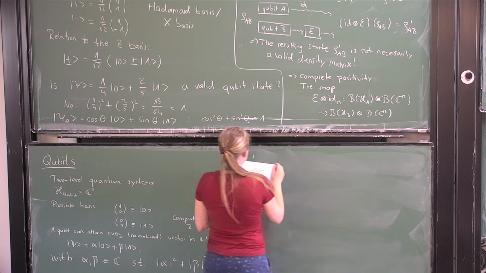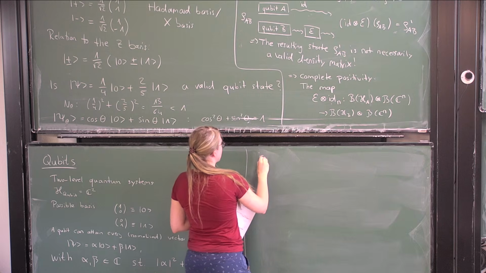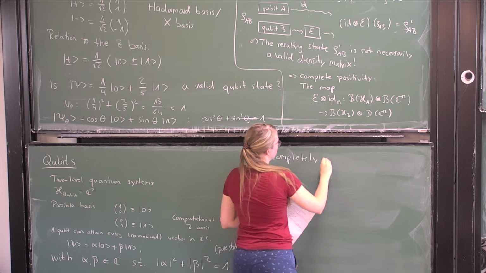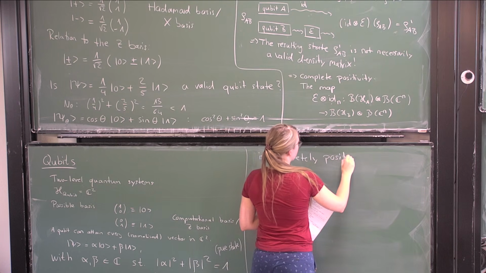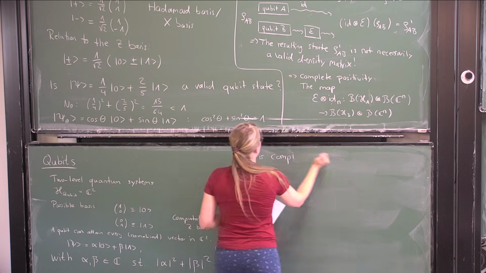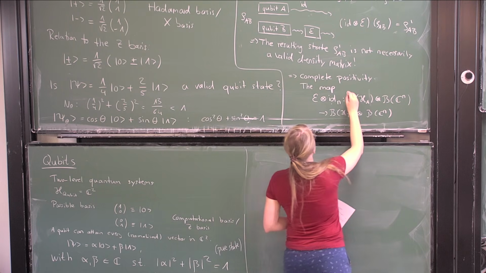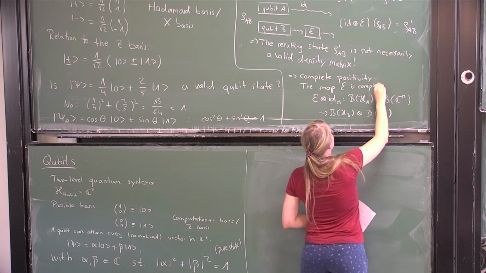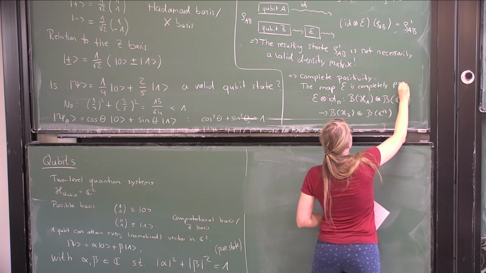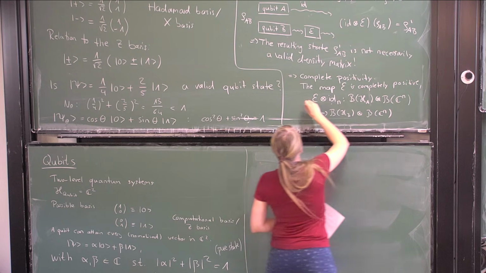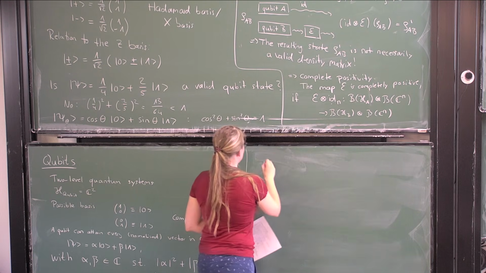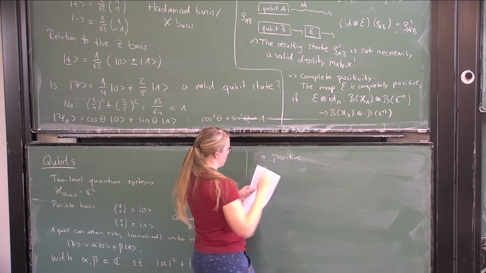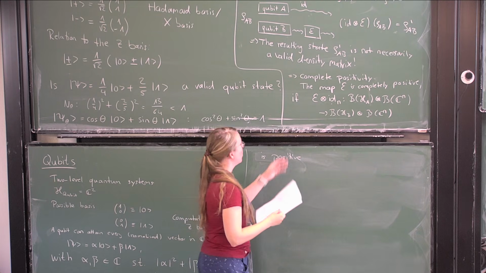The map E is completely positive if this map is positive, which we have defined above, for all choices of n.